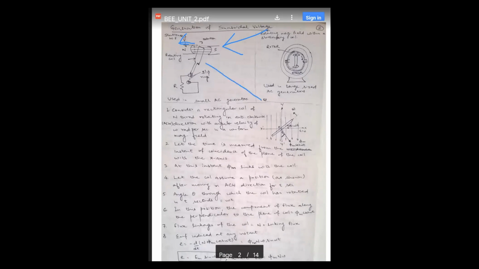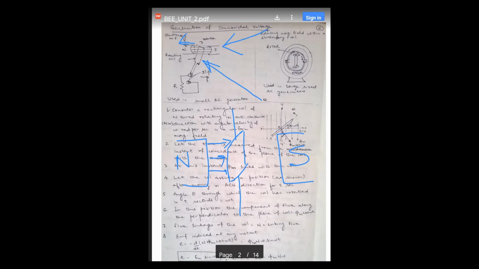And the electric field, or you can say the conductor, assume that this is the rectangular coil which is placed between the poles. This is the armature which is acting as a rotor. Let us assume that it is moving, either clockwise or anti-clockwise.